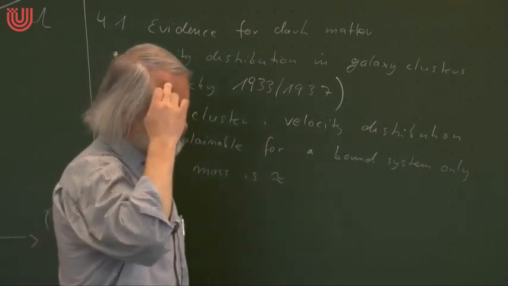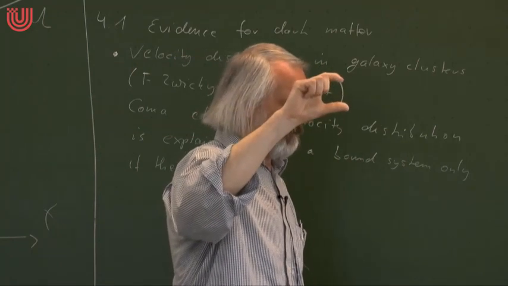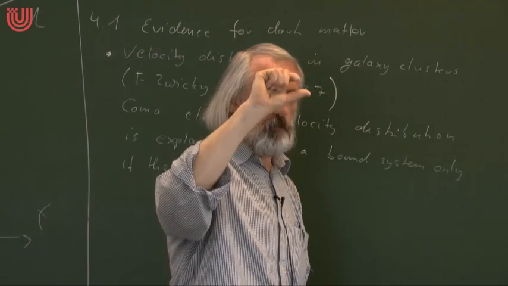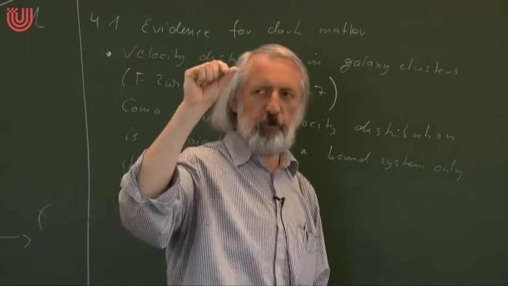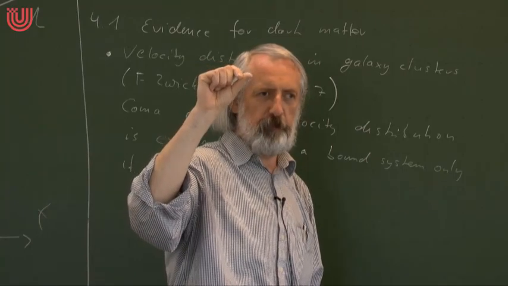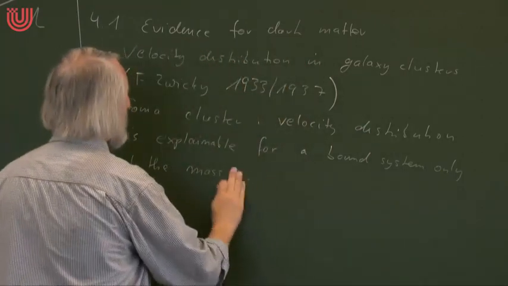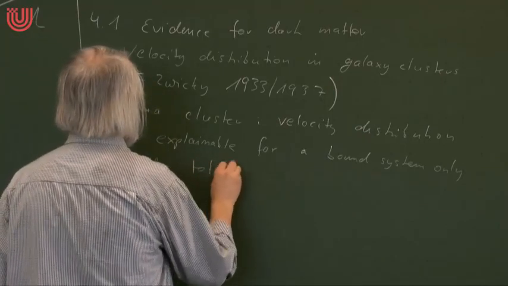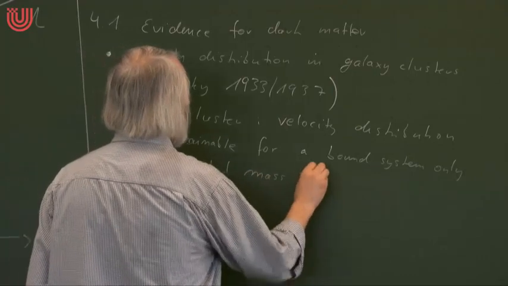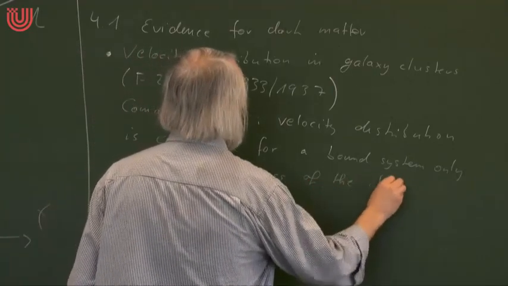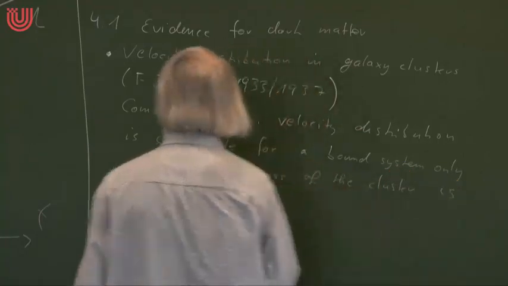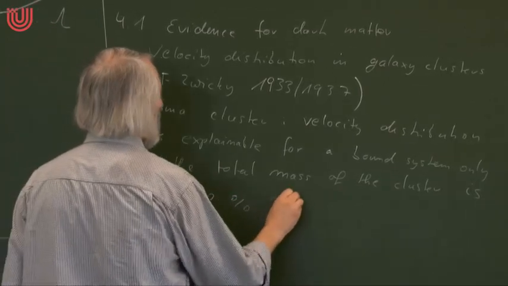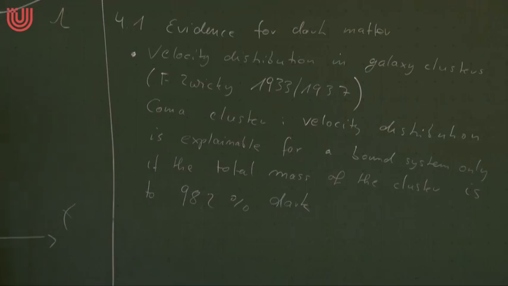So then the other part is 1 over 500. That's 0.2%. Is that true? 0.2%, right? So 99.8% would actually be dark. If I do this calculation correctly by hand, the total mass of the cluster is something like 89.2% dark. And as I said, we don't believe in this number anymore.